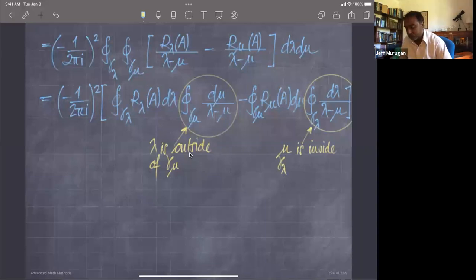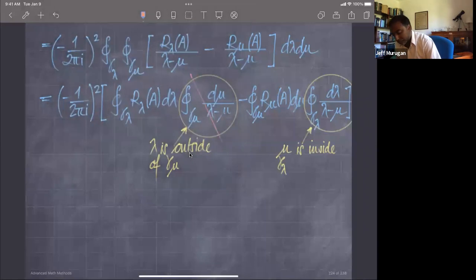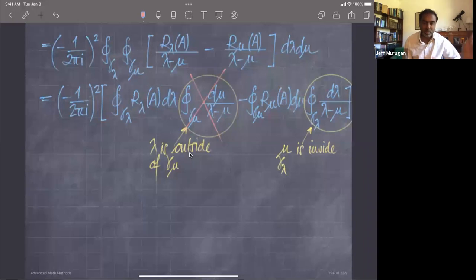Okay, so what does that mean? It means that if I use the Cauchy formula, this first term is going to give me 0, because I have the integral of an analytic function over a region that doesn't include a pole. Lambda lies outside of gamma mu.